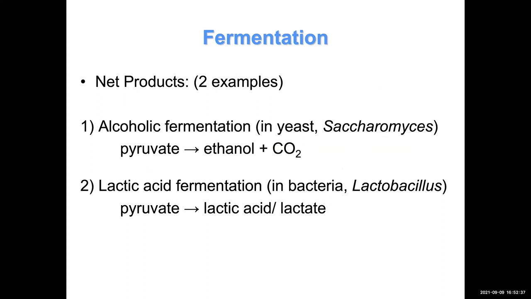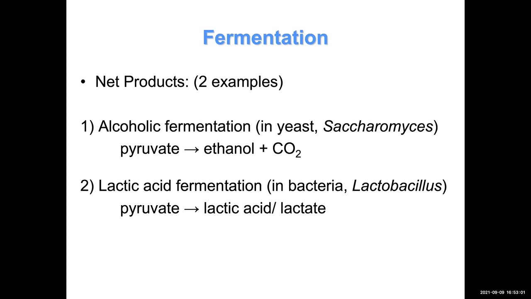So overall, fermentation, two examples. Alcoholic fermentation, we see this occurring in the yeast Saccharomyces, where we go from pyruvate that was generated in, oh my gosh, I forgot the pathway that this pyruvate is generated in. Help me out.